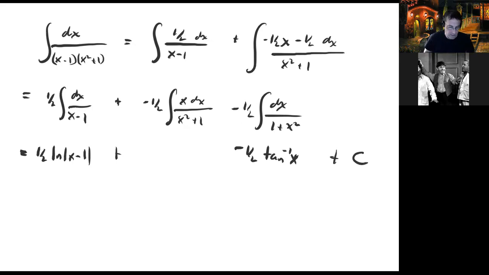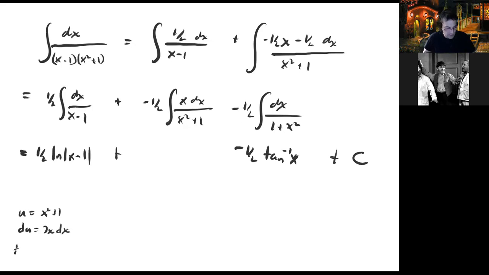And the integral in the middle is given by a u substitution. We can let u equal x squared plus 1, then du equals 2x dx.